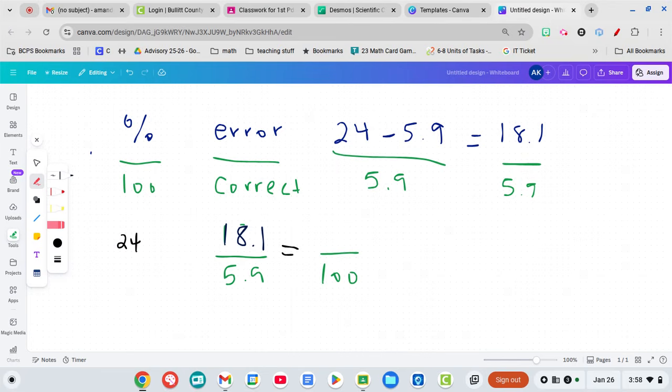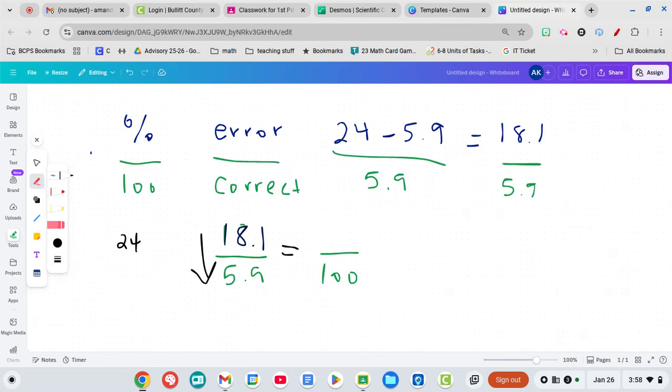The easiest way to do that, in my opinion, is to first divide, do 18.1 divided by 5.9, and that's going to get me a number close to 3 because I know 18 divided by 6 is 3. And that will tell me kind of the relationship between the top and bottom numbers, right?